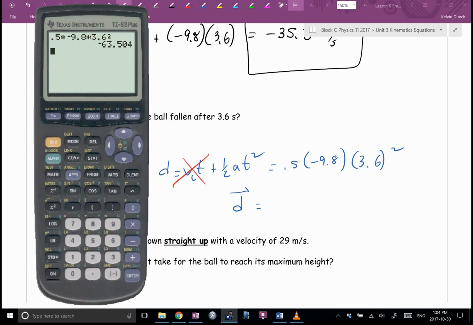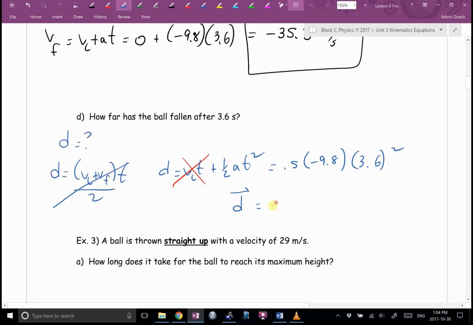You get negative 63.5. What's the negative telling me here? Is the ball above us or below us? Below. Okay.